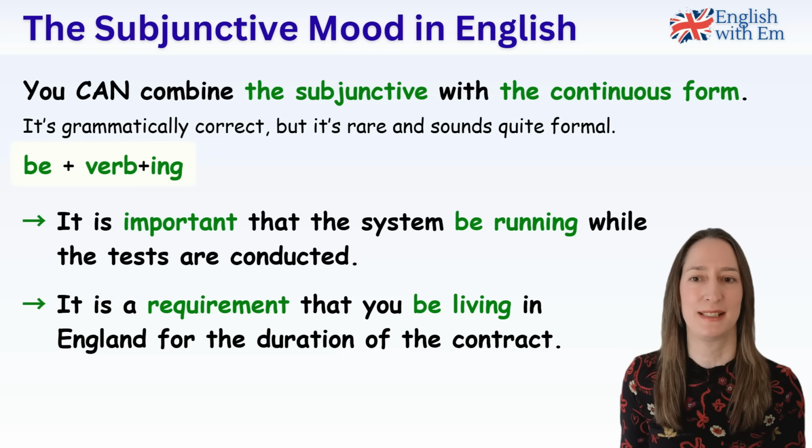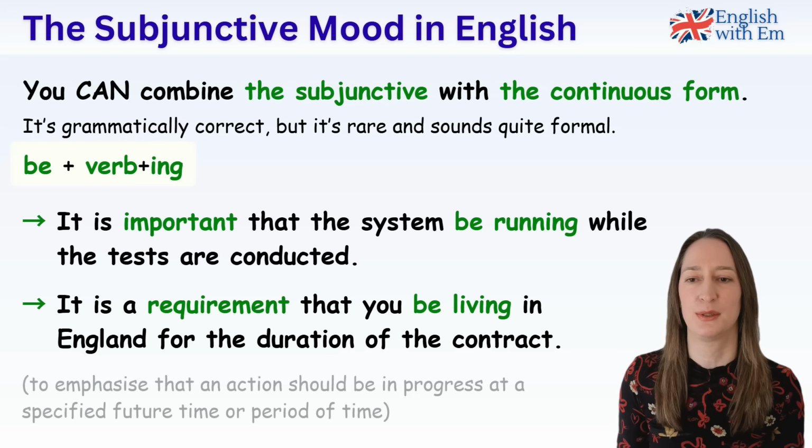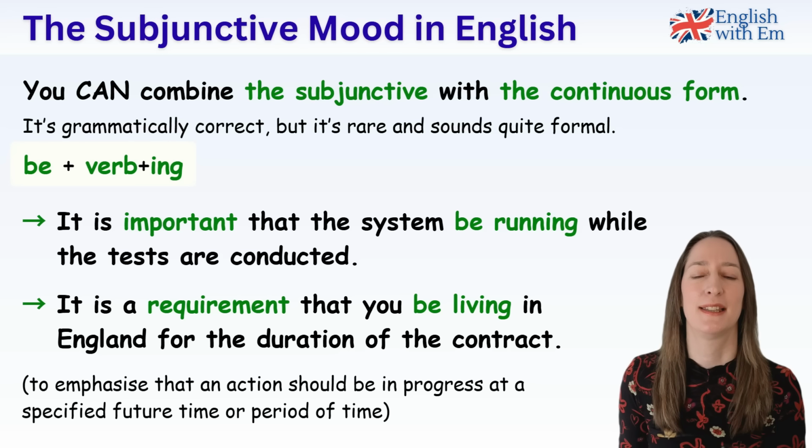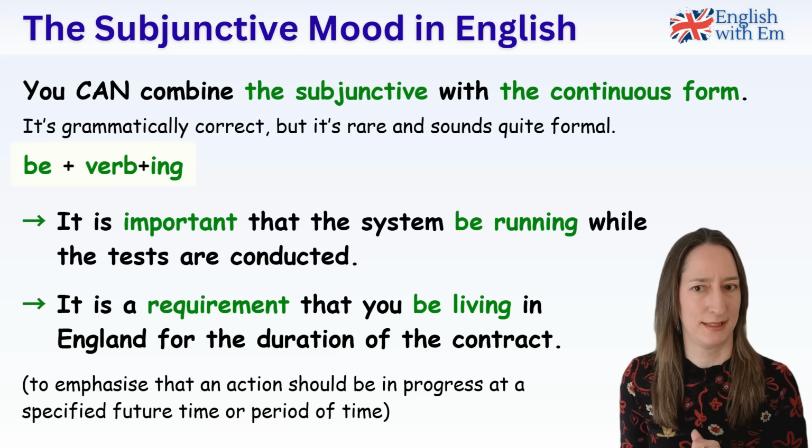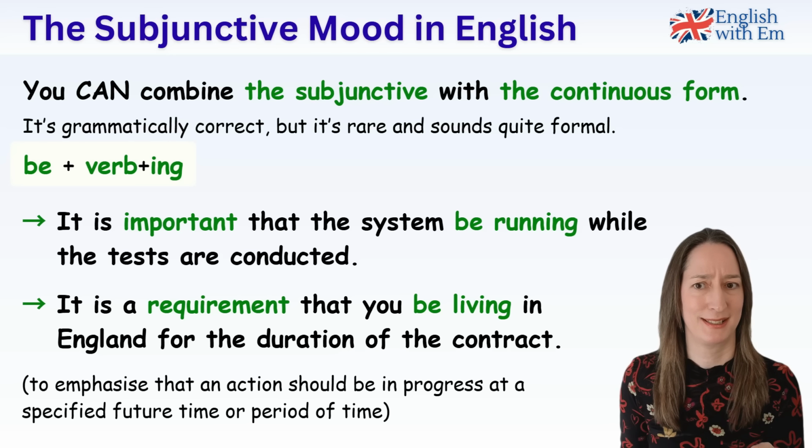And you can see from these examples that this is used to emphasize that an action should be in progress at a specified future time or period of time. So, while the tests are conducted, for the duration of the contract.